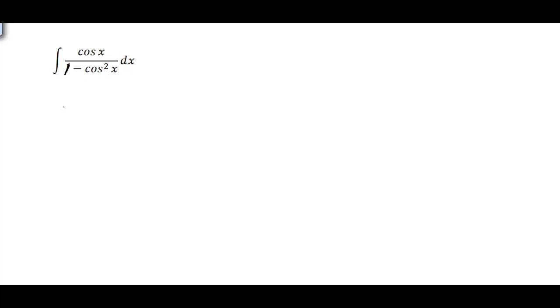Remember, 1 minus cosine squared x is going to be equal to sine squared x, because sine squared plus cosine squared equals 1. So if we solve for sine squared, we end up with 1 minus cosine squared.